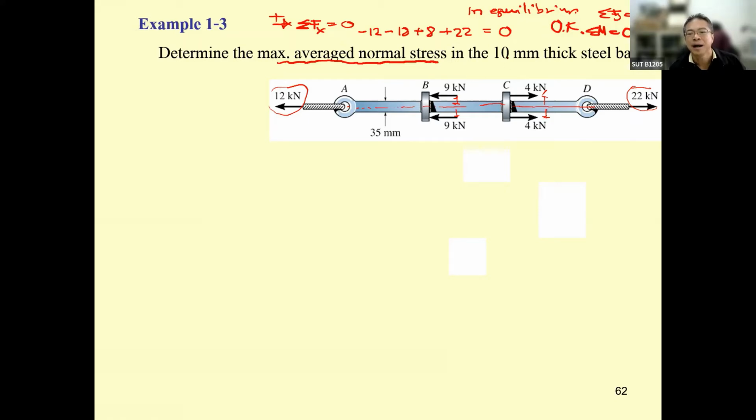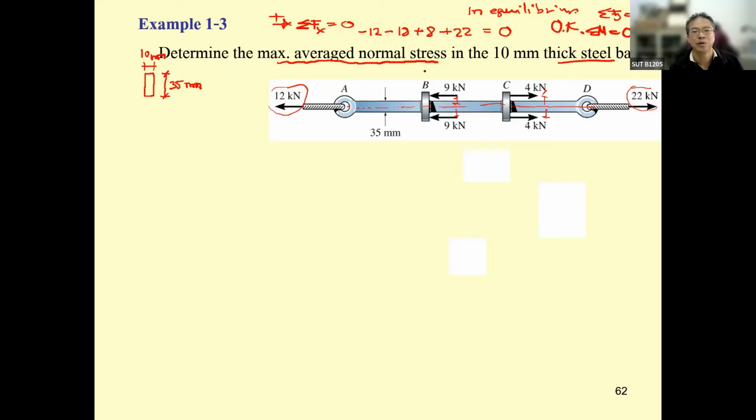This member is 10 millimeter thick. That means it's going to have a square section, 10 millimeter by 35 millimeter. Okay, that is for the steel bar.